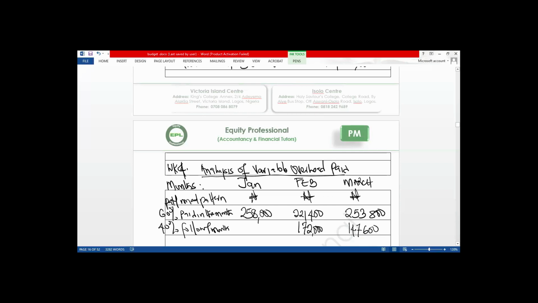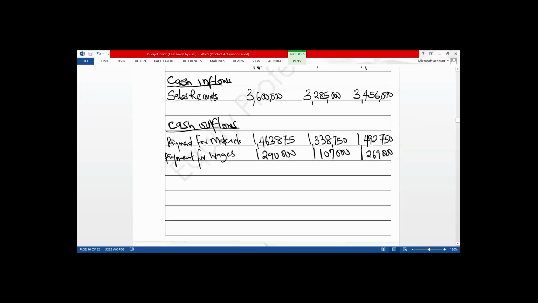Now look at this place. That means there should be overhead cost at December. This paid in December, balance to be paid in January. Let's go to the question. Let's go and pick it. It's in the question.